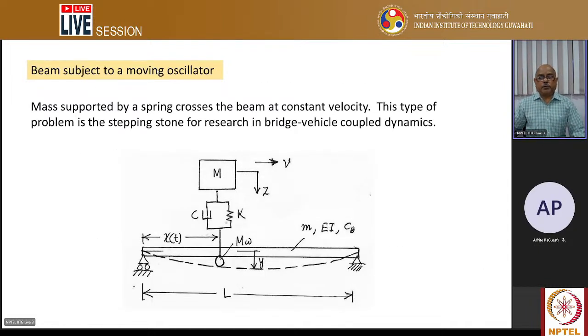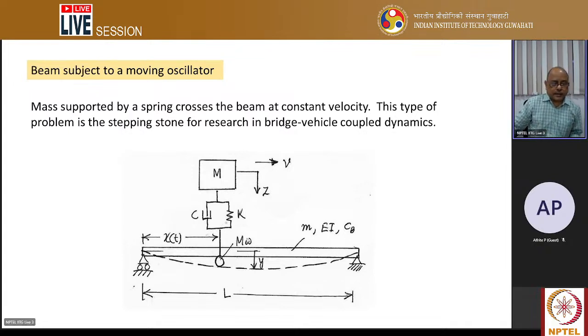Then we discuss the beam with a moving oscillator. In earlier cases we discussed a moving load, which is a constant moving load that was not oscillating. But here you can see an oscillator, which is also oscillating in the vertical direction. Z is the displacement of the mass.